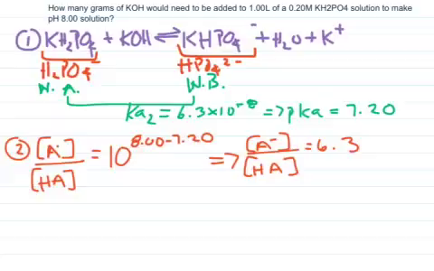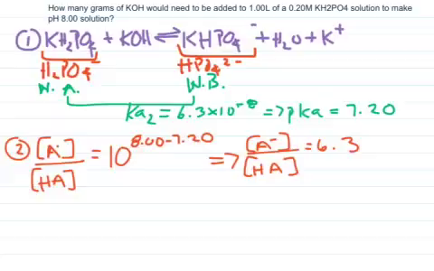Now, why do you ask? Well, I'm going to set up a reaction table. And the reason I'm using moles is because I'm looking for how many grams of KOH I need. So this is the quickest way for me to get from molarity to moles to grams.